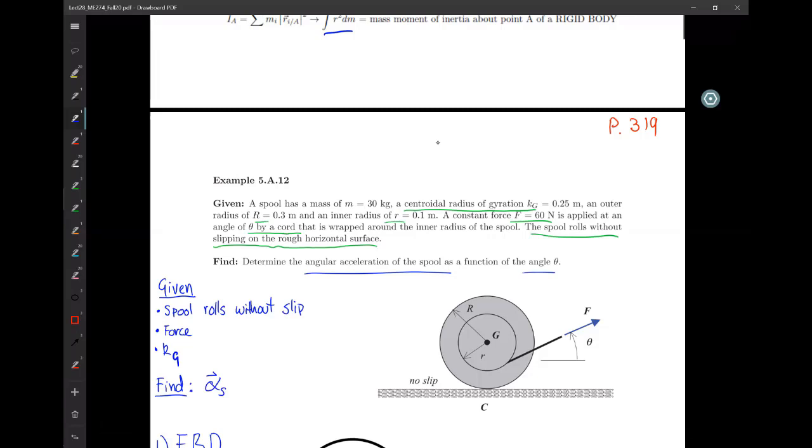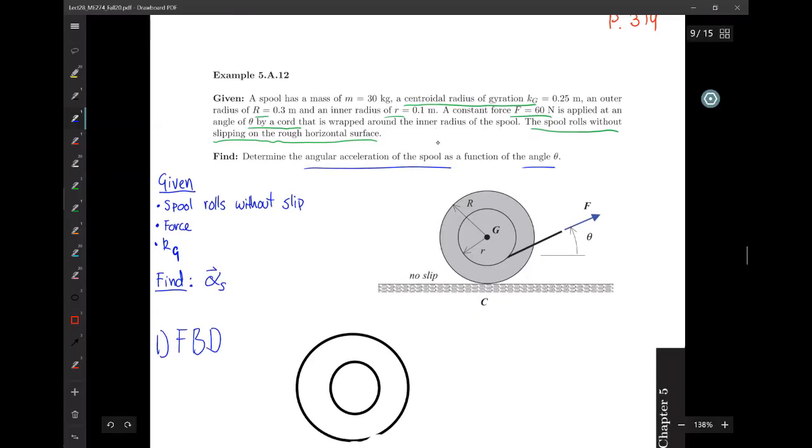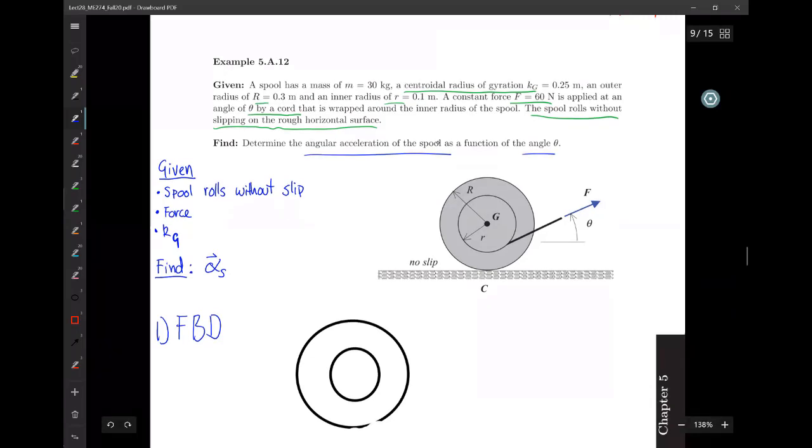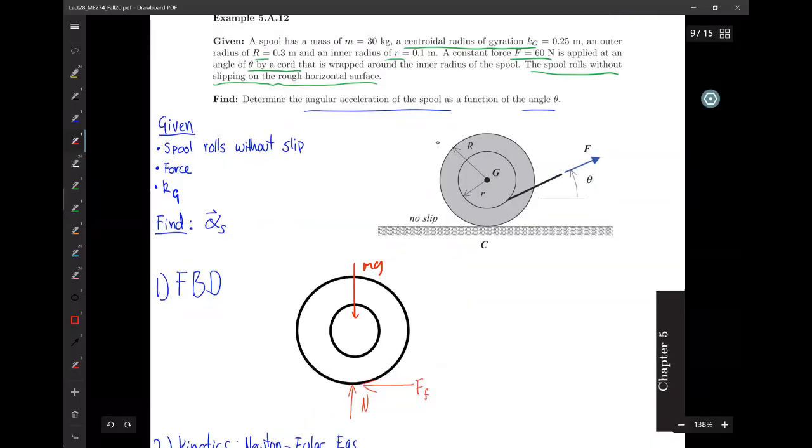Okay? So how many bodies do we have in this problem? Just one, right? Good. This is important because sometimes with cables, it's just one. Okay, so this one body will have some weight applied here, normal force and friction force applied at the point of contact, and then this force that is applied, let's say, at this point, at an angle.